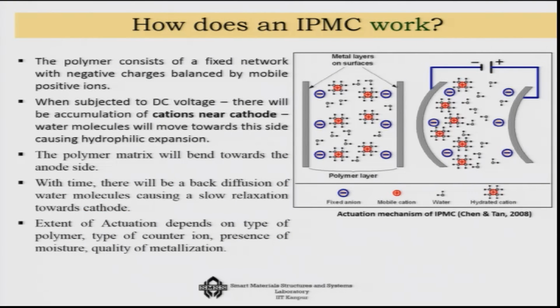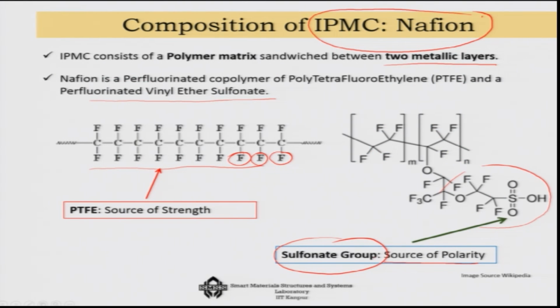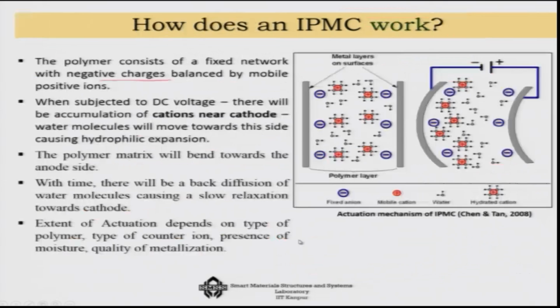So, how does an IPMC work? First of all, it consists of a fixed network with negative charges, coming from the presence of the sulfonate groups that we are showing here, and it is balanced by mobile positive ions.